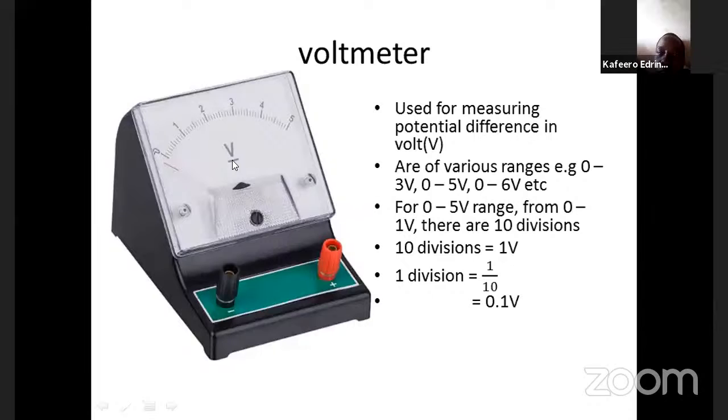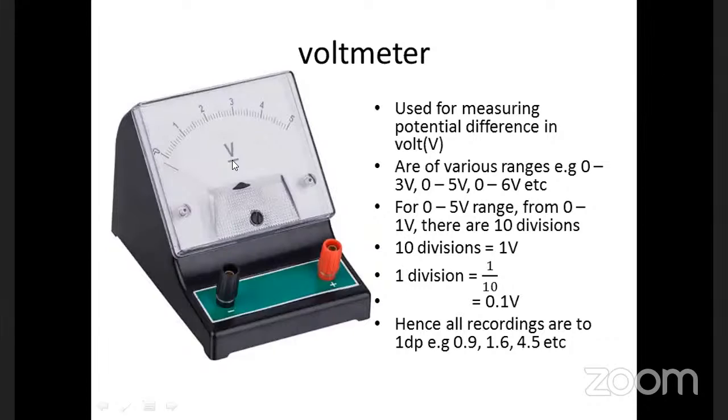We have 1 decimal place, which means that if we are to have recordings from this kind of voltmeter, all our recordings are going to be to 1 decimal place.